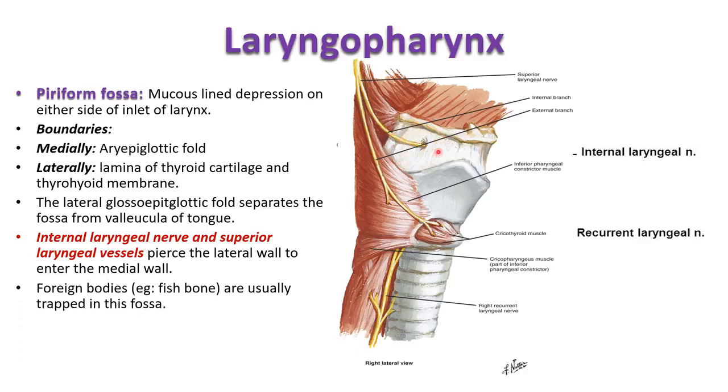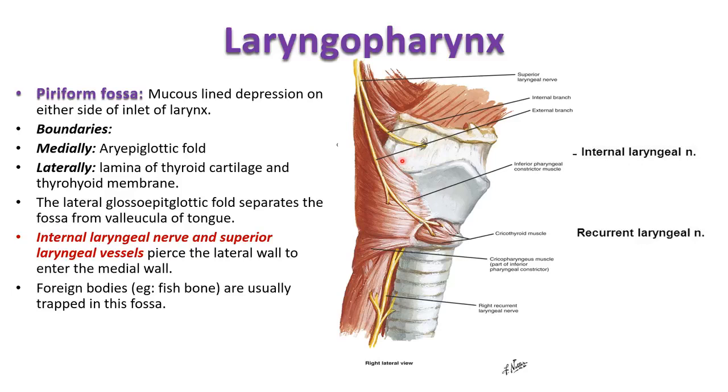Now this pyriform recess is a place where foreign bodies commonly lodge. Children may swallow anything, and adults, most commonly when we eat fish, may get fish bones impacted there, trapped in this fossa. If we try any home remedies, in most cases it might pass into the esophagus, and then there will not be any problem.